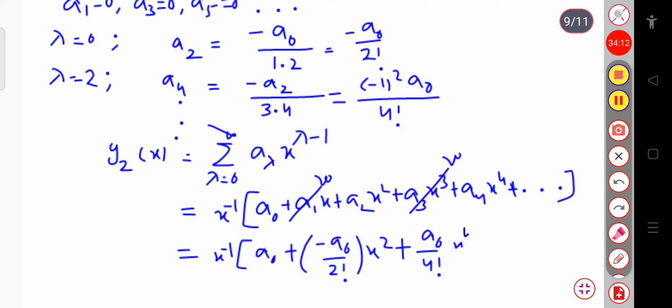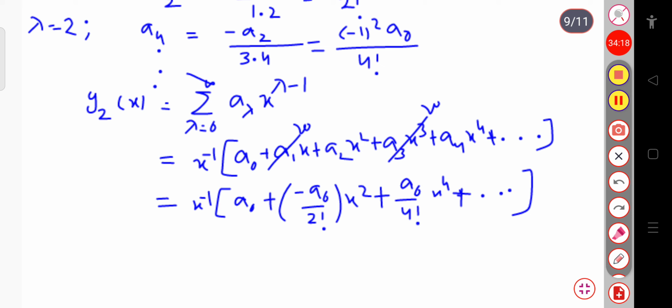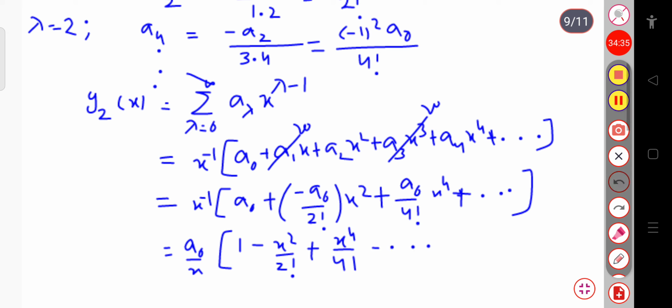Now if I take a0 common, we can write this as a0 divided by x whole into 1 minus x squared by 2 factorial plus x to the power 4 by 4 factorial minus and so on.